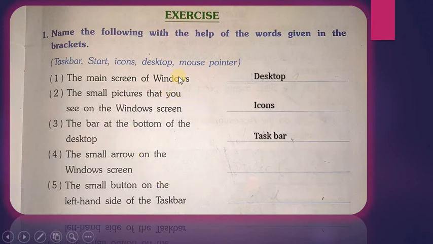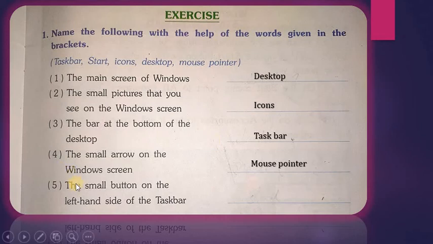Mouse pointer. So the arrow that you can see on the desktop screen, the Windows screen, is called the mouse pointer. This white arrow is called the mouse pointer, right?